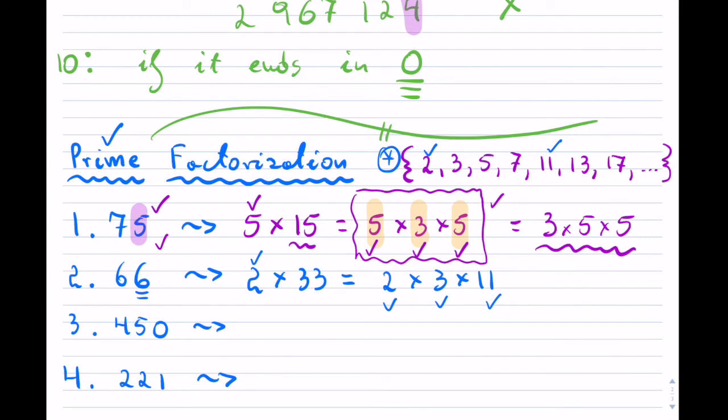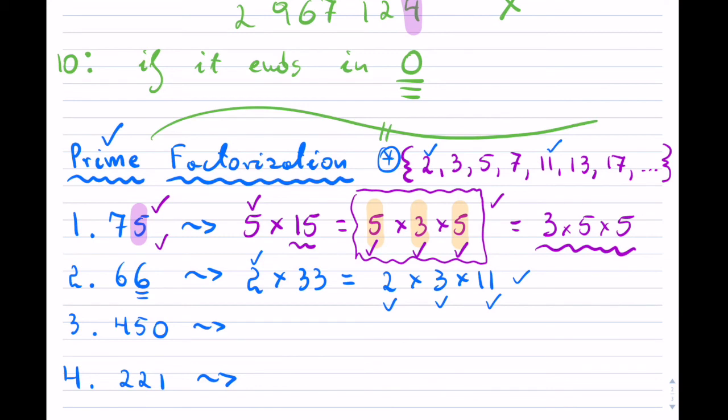And notice all you have to check is primes, because all the composite numbers that we talked about are made up of primes. That is example number 2. Let's try a bigger example with 450.